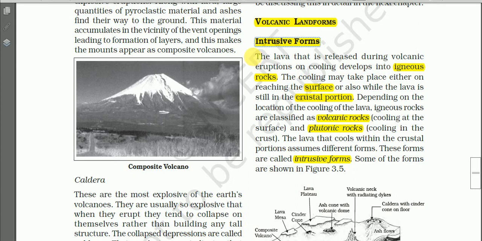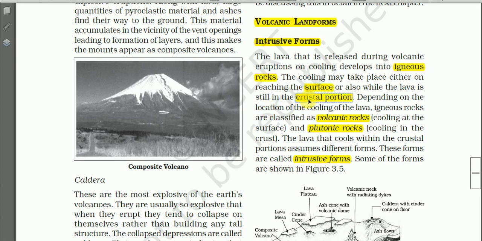The lava that is released during volcanic eruptions on cooling develops into igneous rocks. After cooling of lava, igneous rocks are developed, that we have learned. The cooling may take place either on reaching the surface or while the lava is still in the crustal portion.